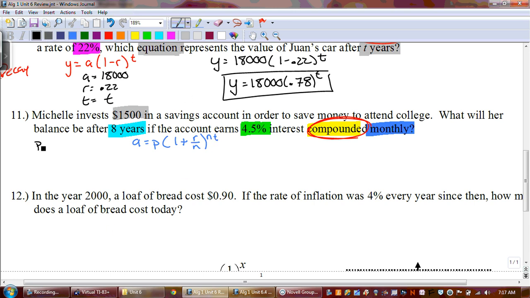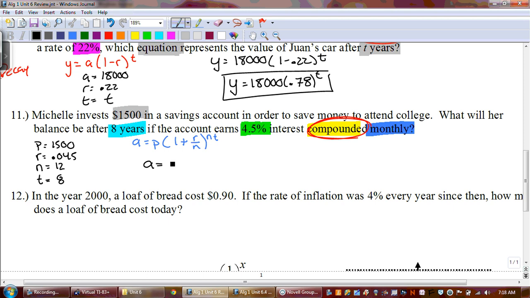Okay? So we need to know what the principal was. That was the 15,000. The rate as a decimal is 0.045. And if it's compounded monthly, there are 12 months in a year. And the time, which is 8 years. So let's plug into the formula.